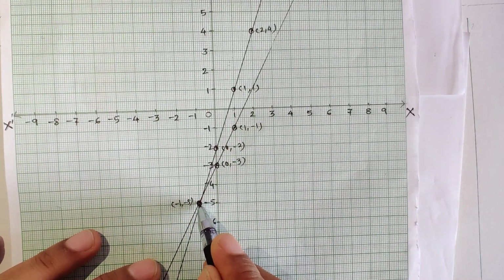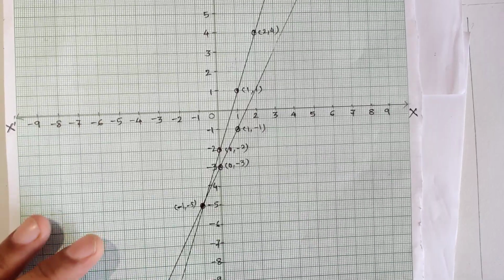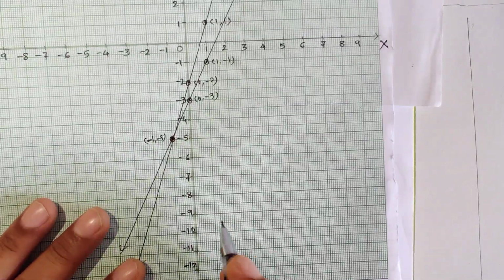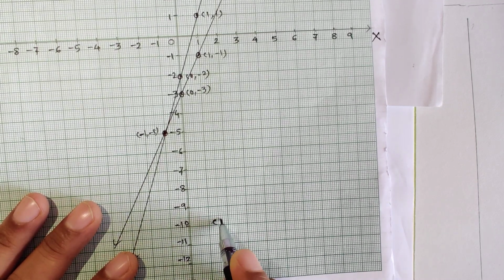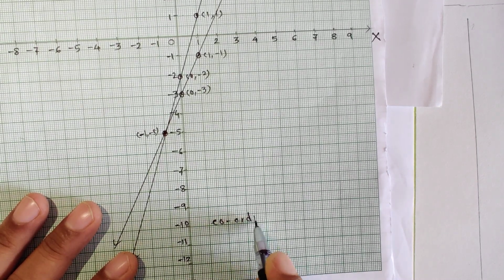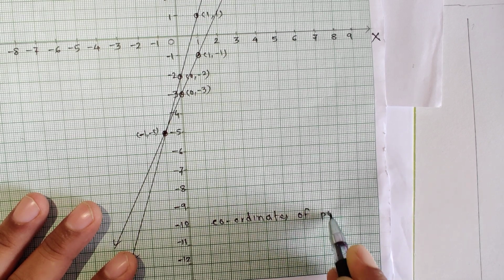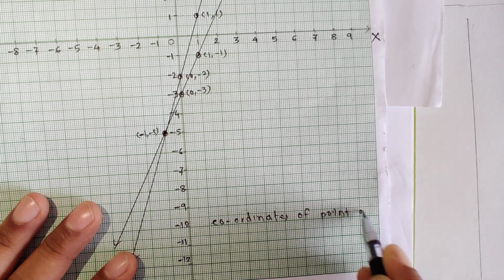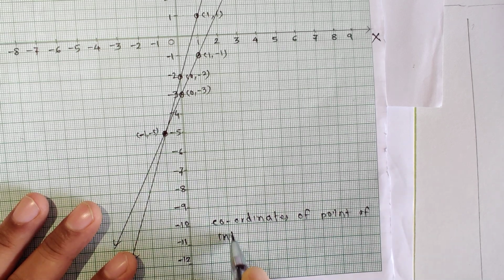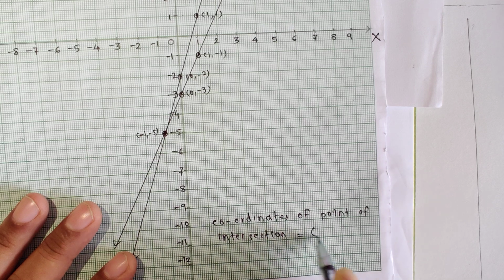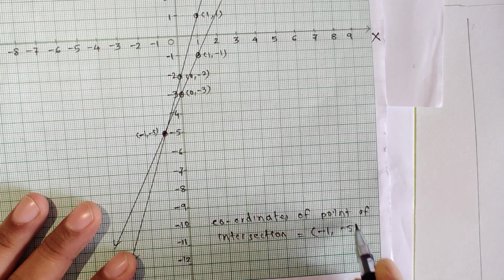Now their point of intersection is -1, -5. So write our answer again here. The coordinates of the point of intersection are -1, -5.